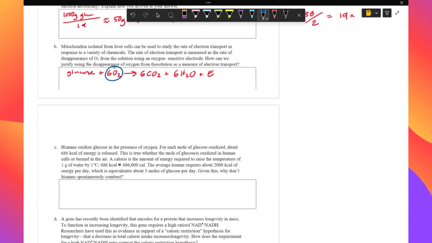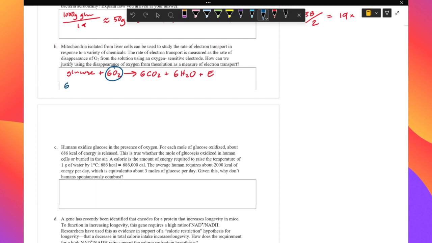If we have an electrode that's measuring the amount of oxygen, we can justify using the disappearance of oxygen from the solution as an indirect measure of electron transport, because we know that oxygen is the final electron acceptor in the electron transport chain. So if the energy produced is 38 ATP, then for every 6 oxygen molecules consumed, or 6 moles of oxygen consumed, we would expect to see 38 molecules, or moles respectively, of ATP.